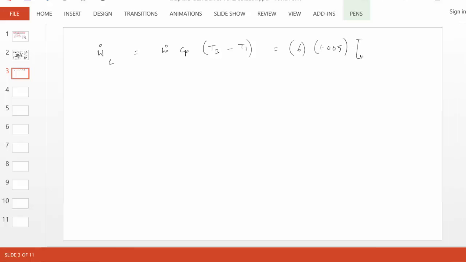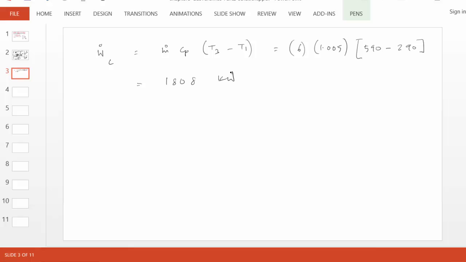Our T3 is 590 and T1 is 290, and that produces approximately a power of 1808 kilowatt.